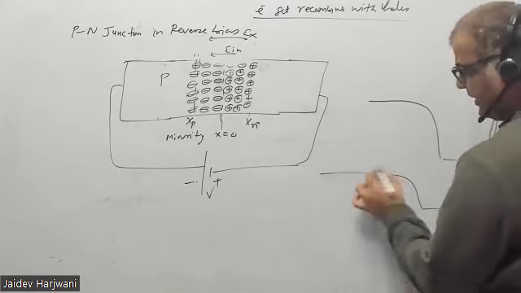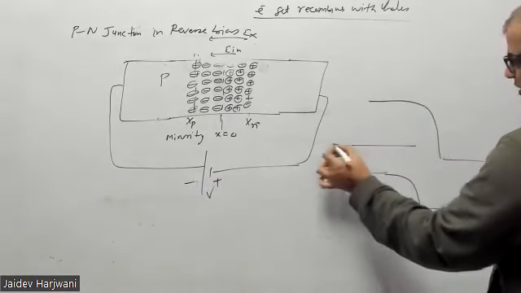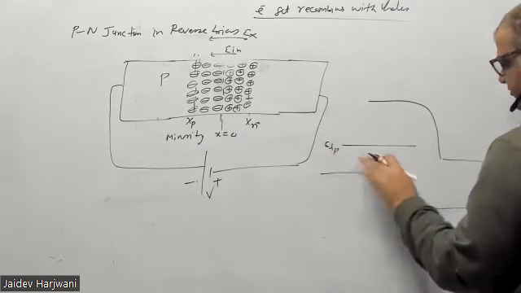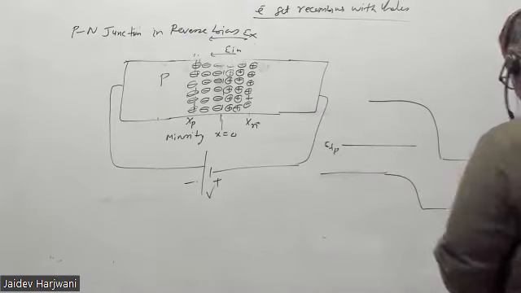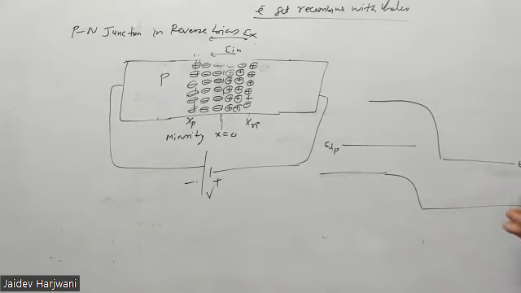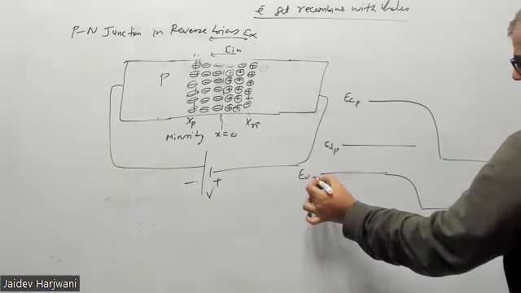because you are applying minus here. The Fermi level will be here, EFP will be here, it will go up to the conduction band of this one. So this is EC, and this is EVP. So this is EVN, this is your ECP, and this is EVP.